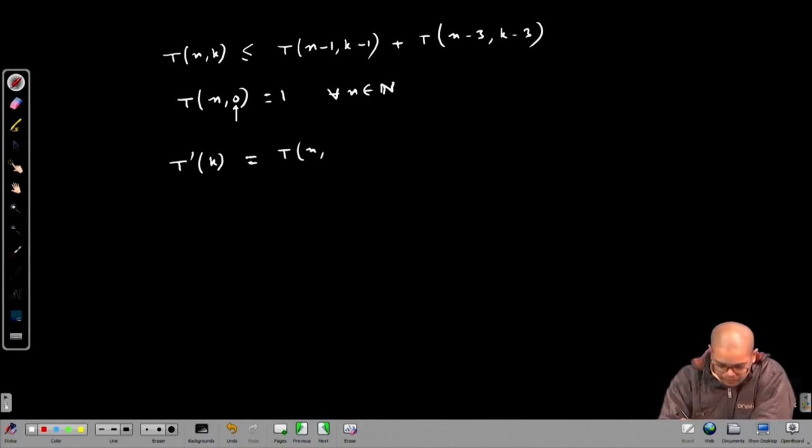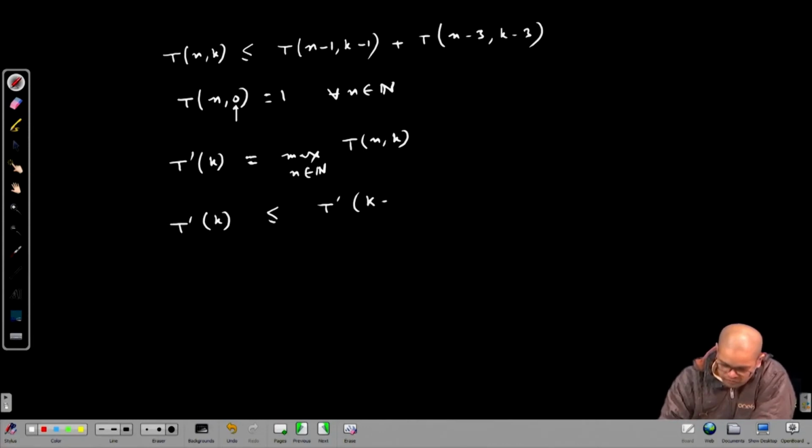Define T prime of k as the max over n of T(n, k). Then T prime of k is at most T prime of k minus 1 plus T prime of k minus 3, and the base case is T prime of 0 is 1.